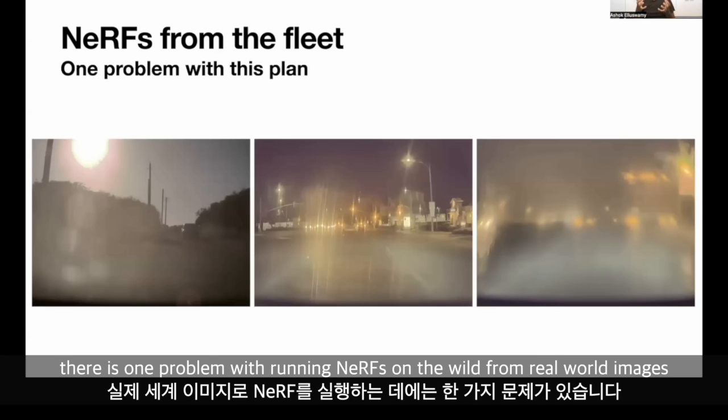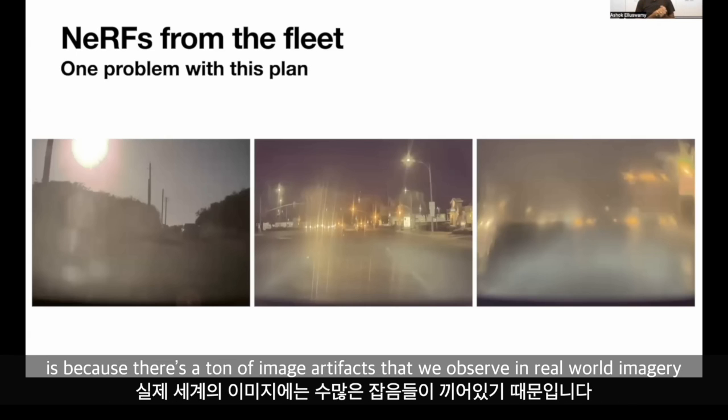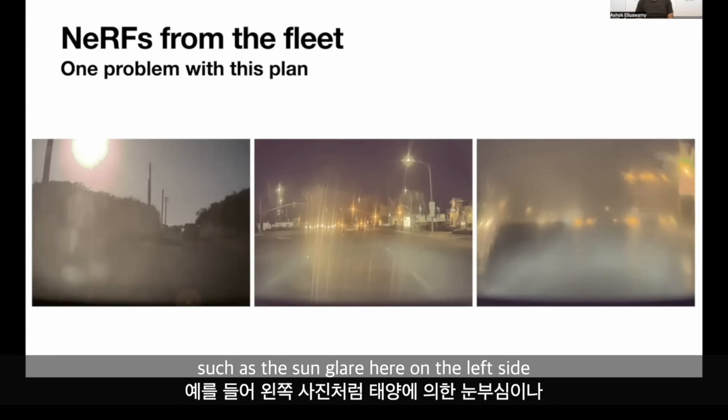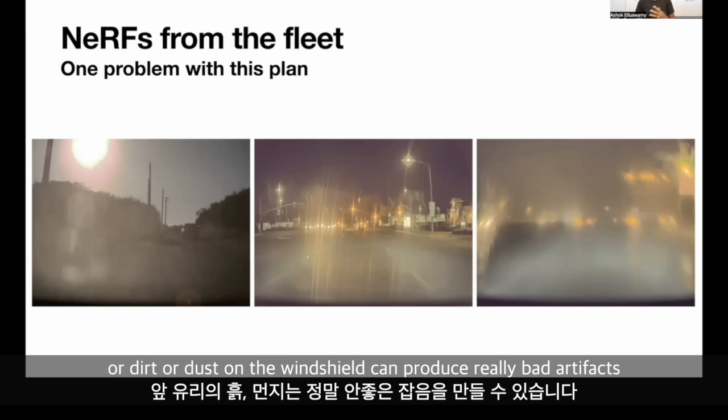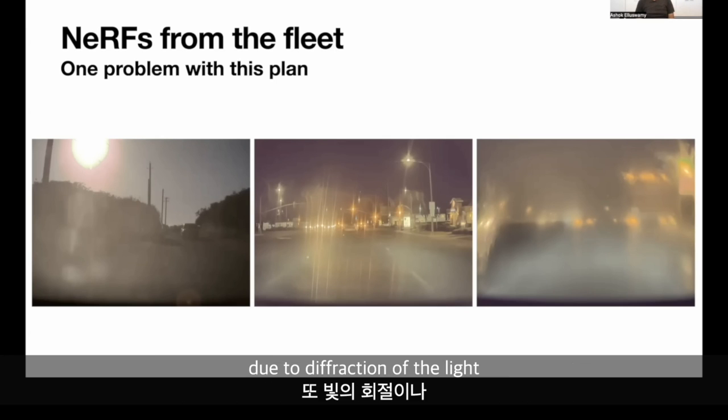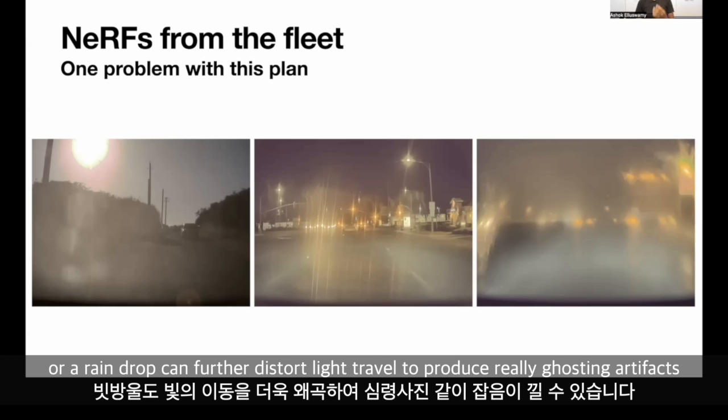There is one problem with running NeRFs in the wild on real-world images, because there's a ton of image artifacts that we observe in real-world imagery, such as the sun glare here on the left side, or dirt or dust on the windshield can produce really bad artifacts due to diffraction of the light, or a raindrop can further distort light travel to produce really ghosting artifacts.